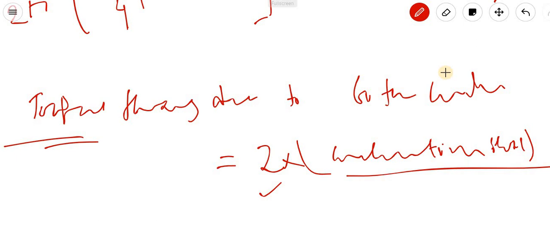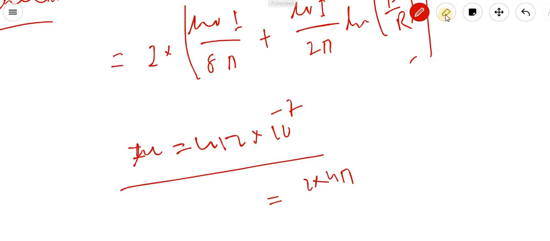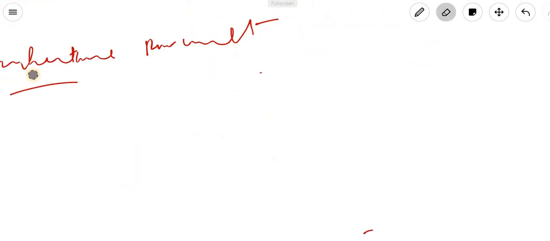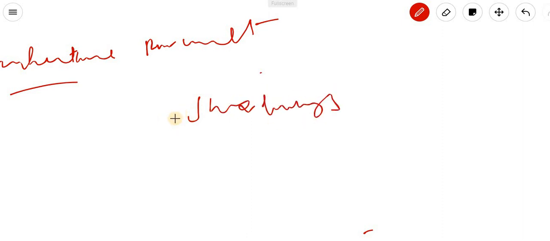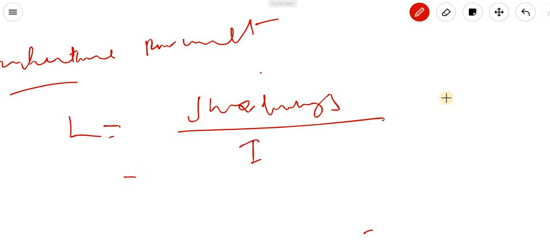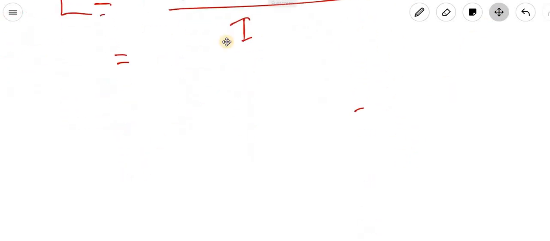Now the inductance per unit length: the inductance per unit length is the total flux linkages divided by the current. So what will we get?